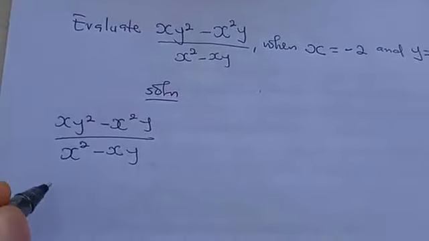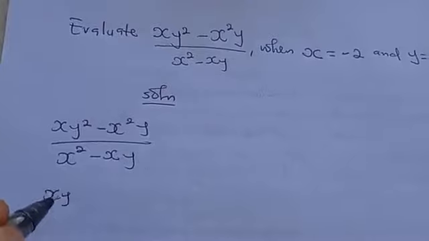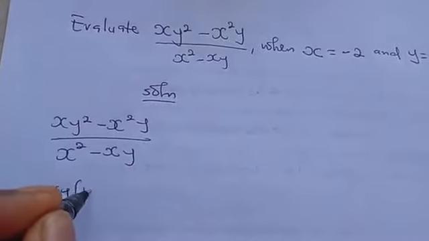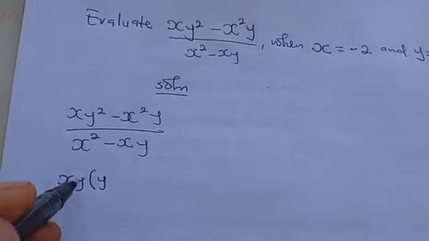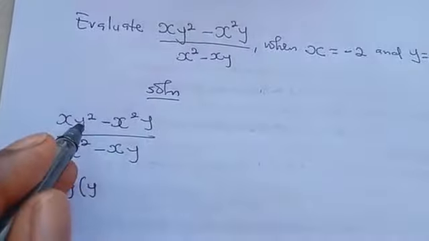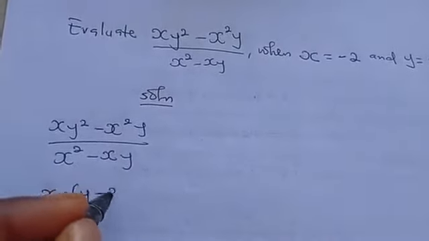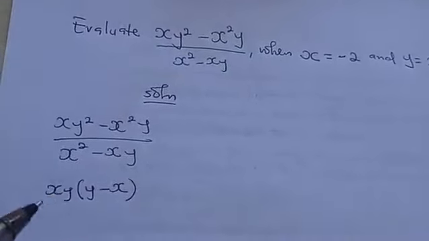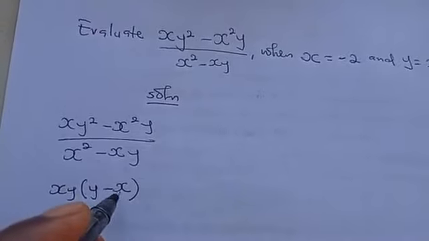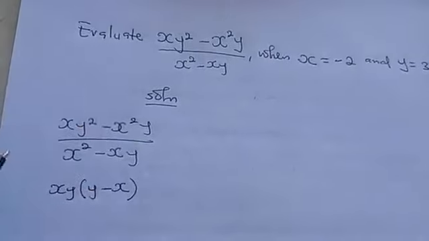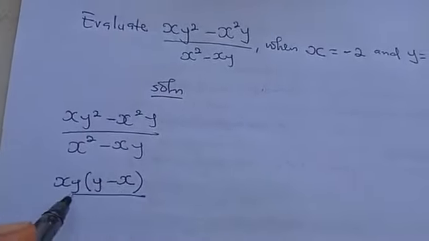So we have xy outside the bracket. Then we multiply by first y, so that xy times y gives us xy squared. Then we have minus x, so that xy multiplying minus x will give us minus x squared y. That's for the numerator. Then we come to the denominator.